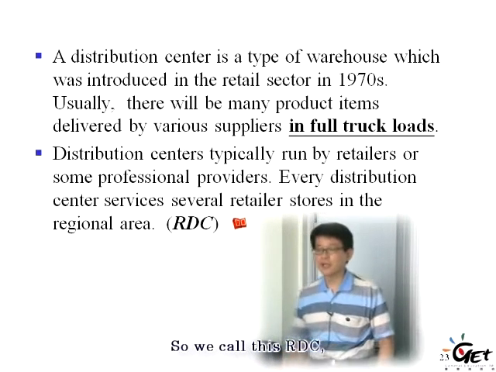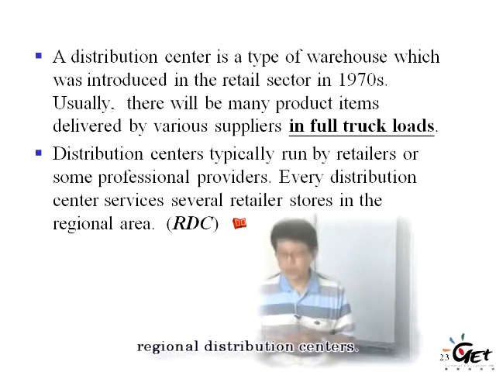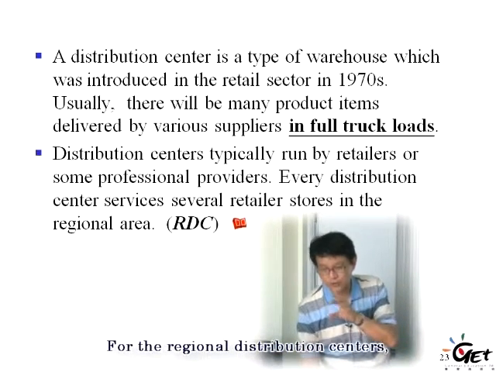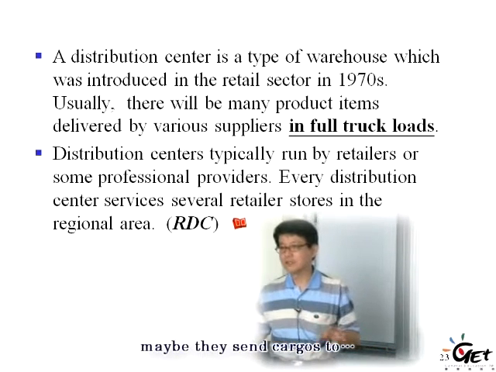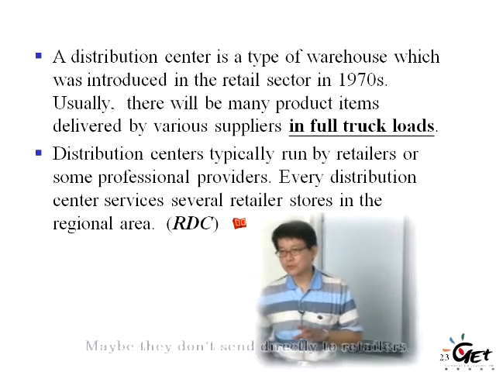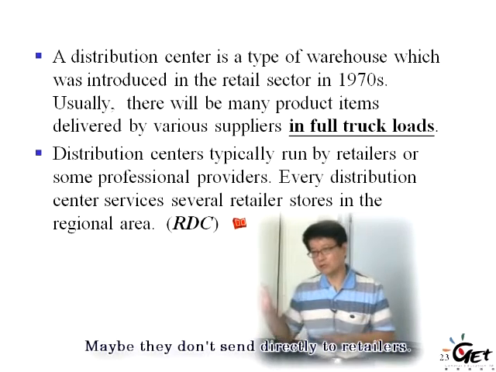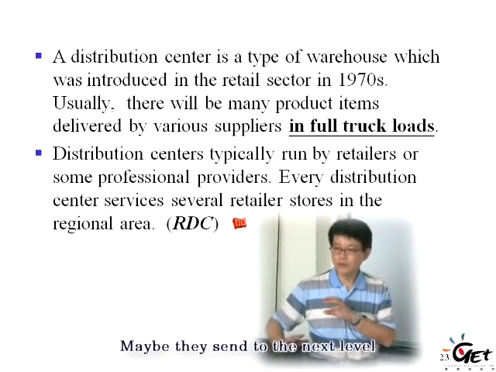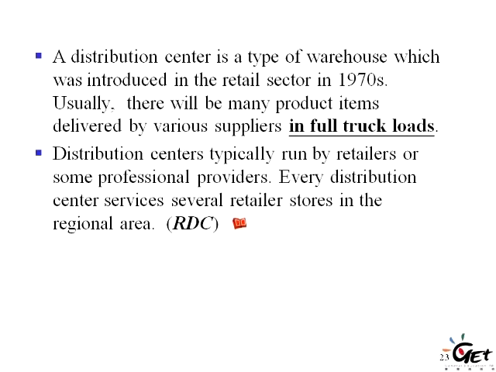We call these RDCs, regional distribution centers. And the regional distribution centers maybe don't send directly to retailers. Maybe they send to the next level distribution centers, etc. That's the regional distribution centers.